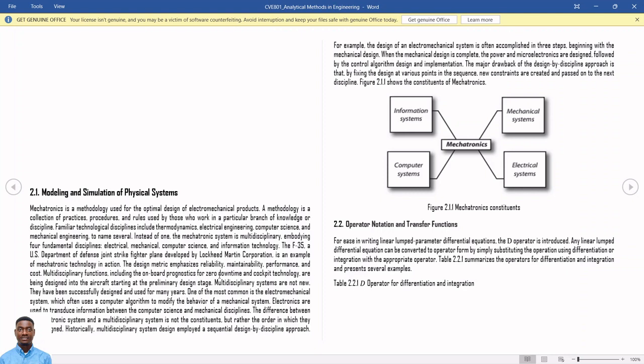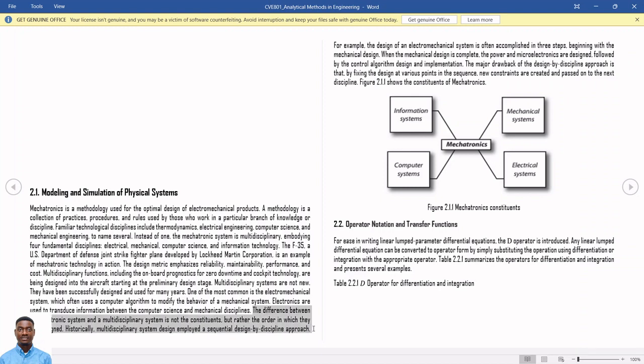So those are areas where mechatronics has been used to improve the operations of normal electrical or mechanical systems in daily operations.